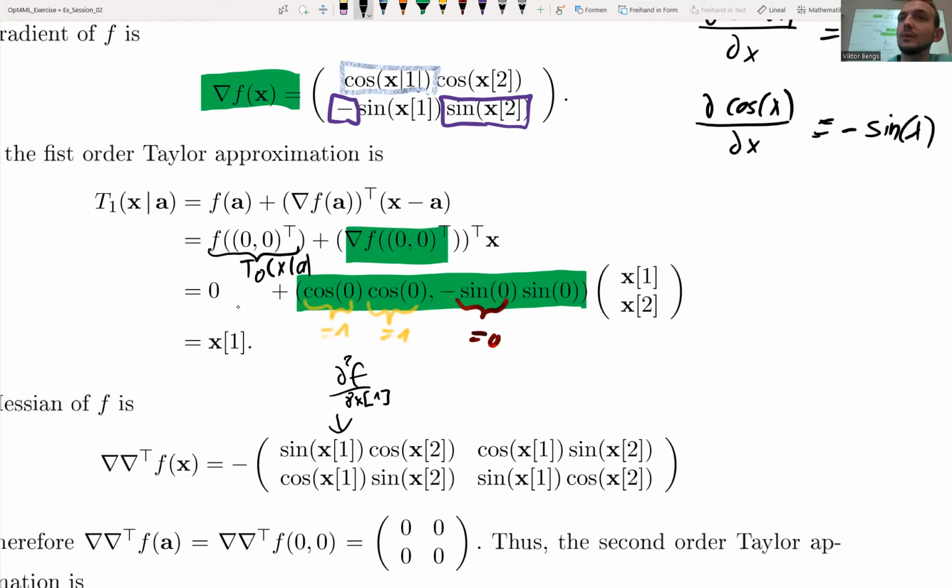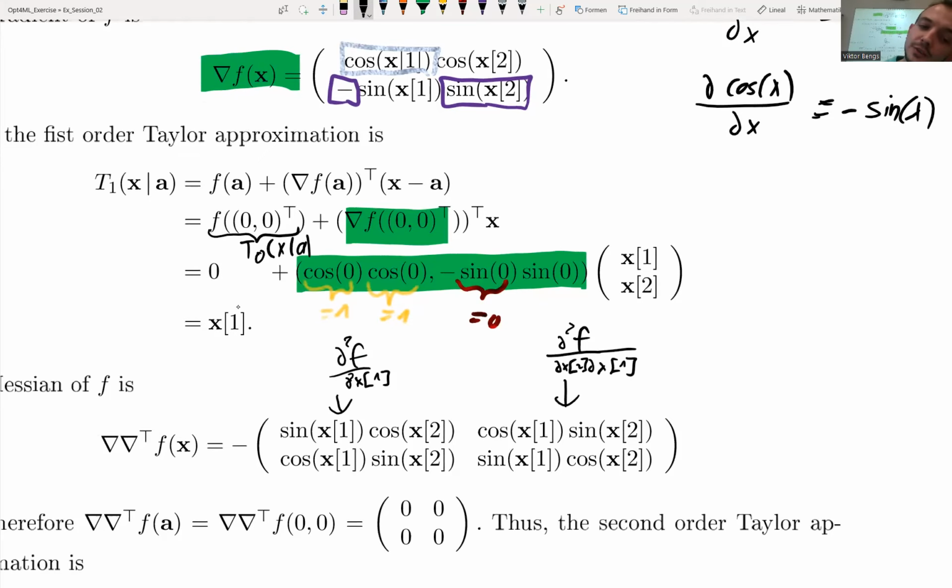This is, if we look only at the first component of the gradient and then again differentiate with respect to the first component, then we can do the same, but now we first computed the derivative with respect to x1, and then from that one, the one with respect to x2. And well, here what do we get? Well, cosine x2, partial derivative with respect to x2 is minus sine of x2 and then multiplied with the one before. So you have the minus here in front of the matrix.